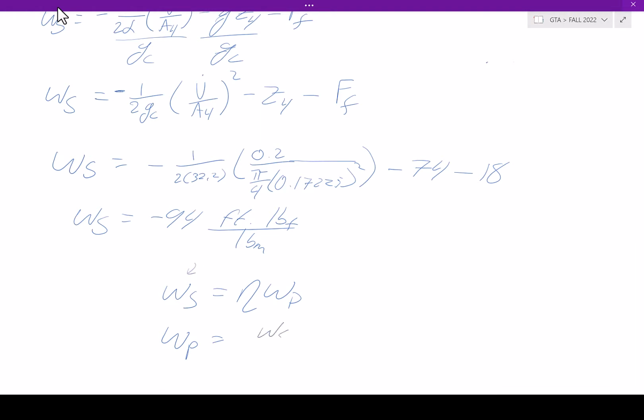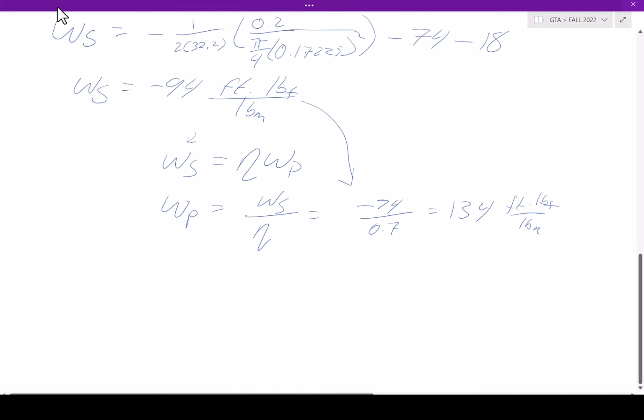So work shaft over efficiency, so it's just going to be this value, negative 94 over 70%. That ends up giving you 134-ish. And that's going to be feet pound force over pound mass.